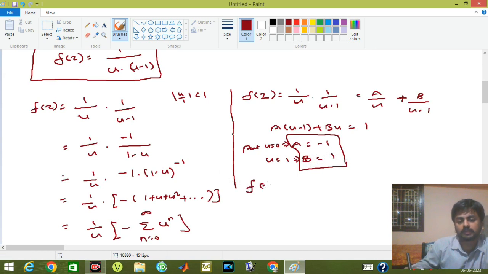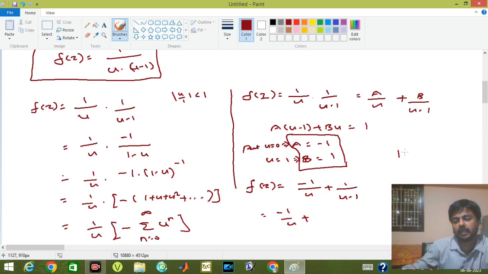So our function f of z will become minus 1 by u plus 1 by u minus 1, that is equal to minus 1 by u plus, since the region modulus of u is less than 1, I am taking 1 by 1 minus u. In the numerator we are taking minus.